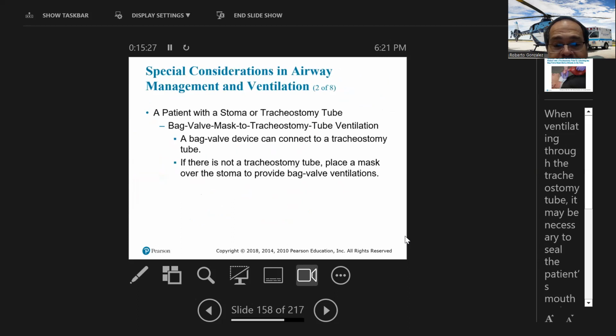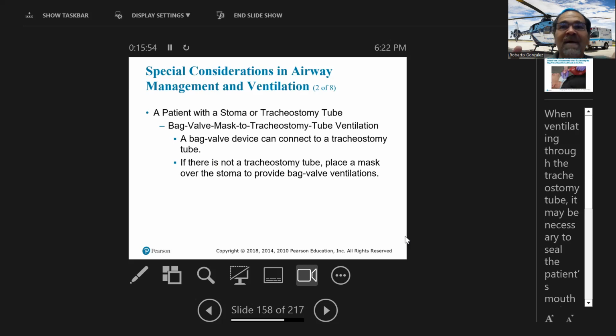Okay. Special considerations in airway management and ventilation. A patient with a stoma or tracheostomy: bag-valve-mask to tracheostomy tube. What they're talking about is you get a BVM, and that opening on the BVM where the face mask goes will fit snugly on the tracheostomy tube.